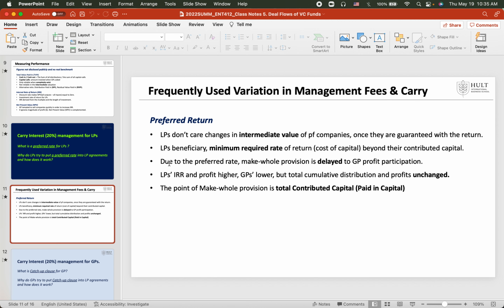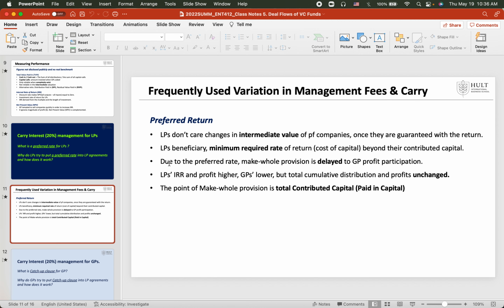And then, due to the preferred rate, the make whole provision is delayed. Why? Because a certain percentage of rate of return is compounded to the NAV, the net asset value of the fund. So in order to cover all the investment, the amount to return includes this preferred rate of return.